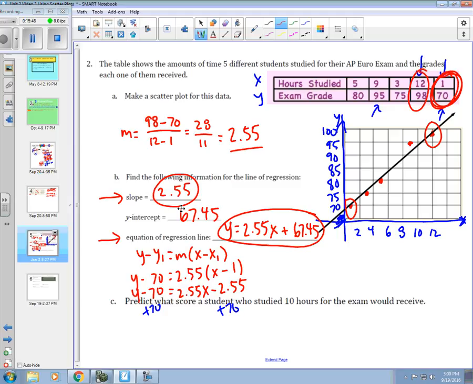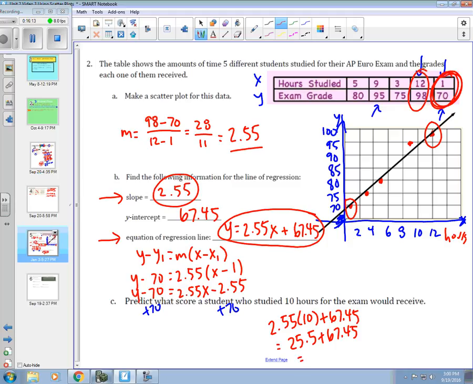Now we can use this prediction equation to estimate the last part. So predict the score of the person who studied for 10 hours. Hours is our x variable. Plug that in and you can get it. So you got 2.55 times 10 plus 67.45. If you multiply that by 10, that's going to be 25.5 plus 67.45.